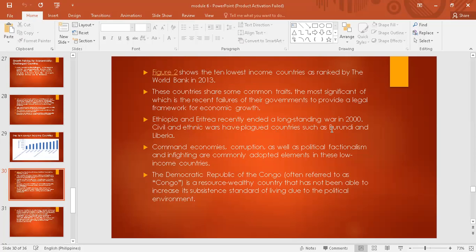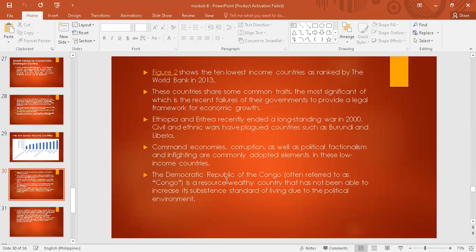Yung mga working ages nila may sakit, nagkaka-AIDS, so hindi nakakapakinabang sa community. Corruption and political factionalism. So ito, fighting inside, na nakikita or commonly adopted elements sa mga low-income countries.